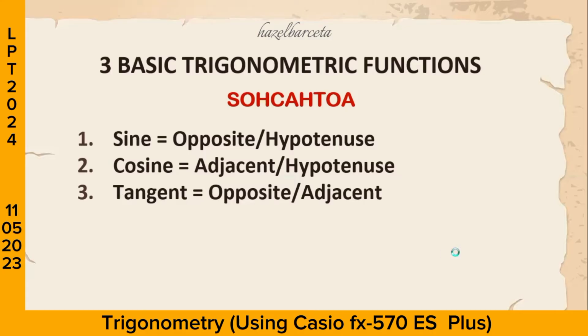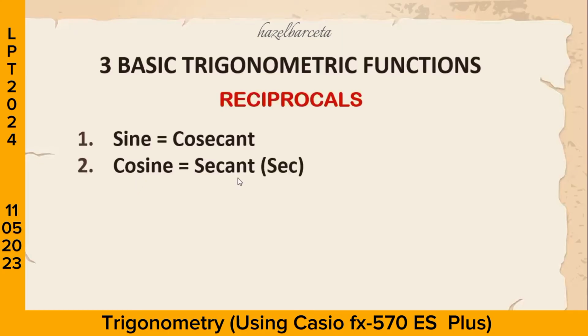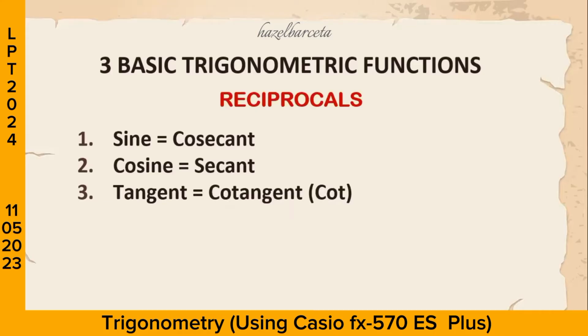Okay, so let's go to the reciprocals. They have their reciprocals. So for sine theta, we have cosecant or CSC. For cosine theta, we have secant or sec. And for tangent theta, we have cotangent or cot. So ayan.